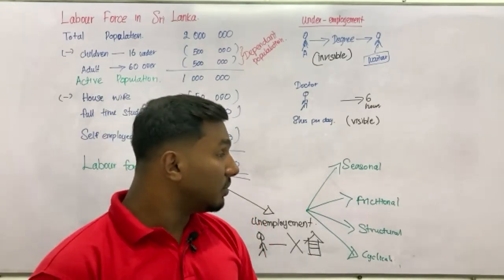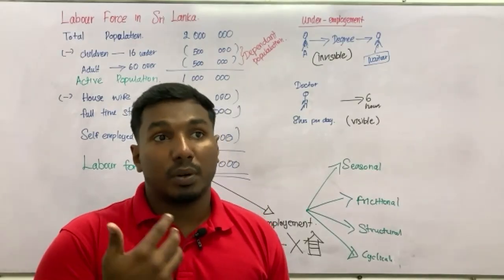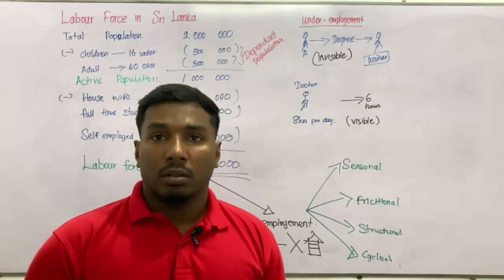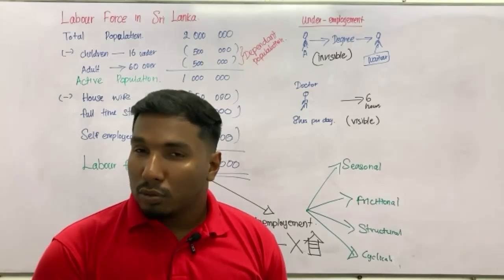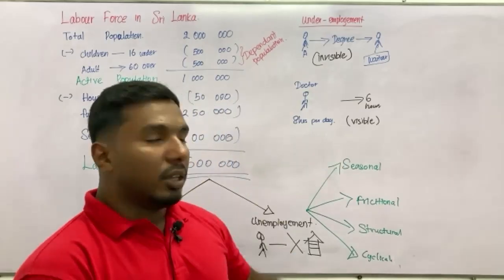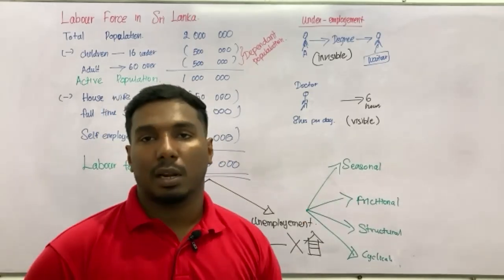In the tourism sector, there are some seasons when tourists won't come to Sri Lanka. In June and July, fewer tourists come to Sri Lanka, so at those times the tourism sector people won't work. That is known as seasonal unemployment.